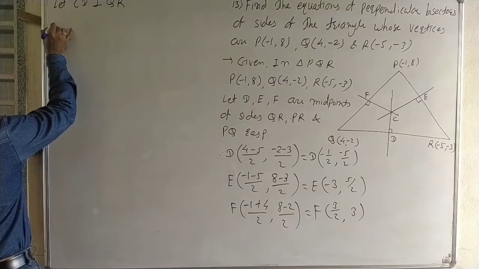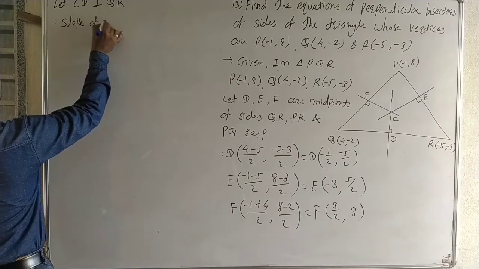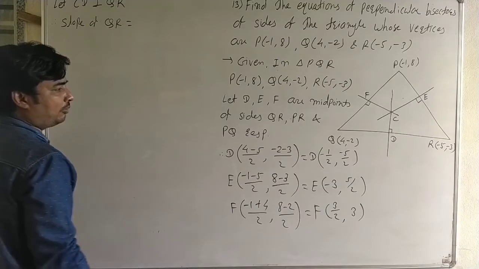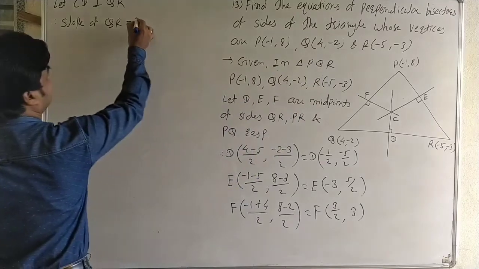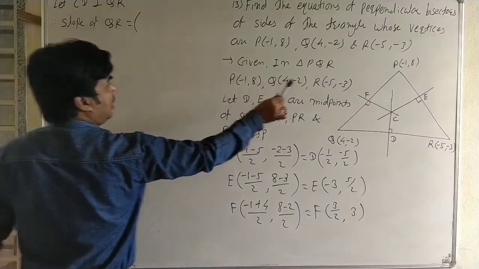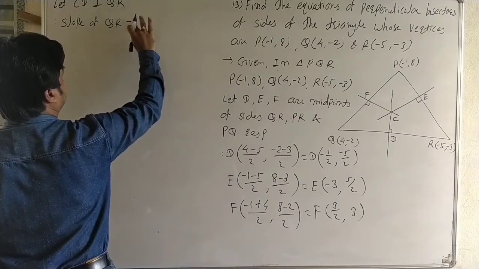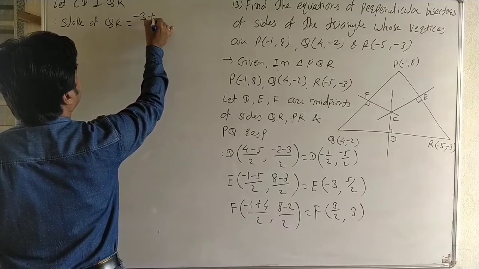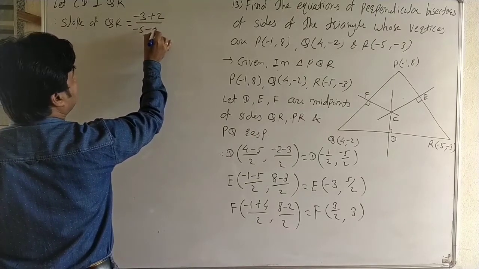Okay, therefore the slope of QR. It is Q and it is R. Slope of QR is Y2 minus Y1 upon X2 minus X1.